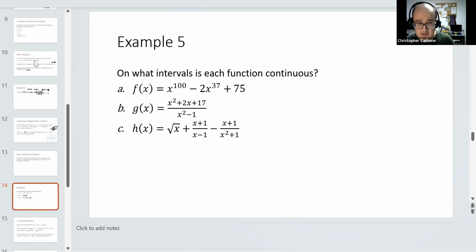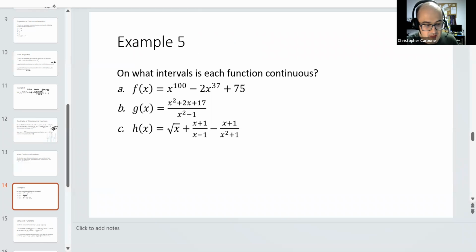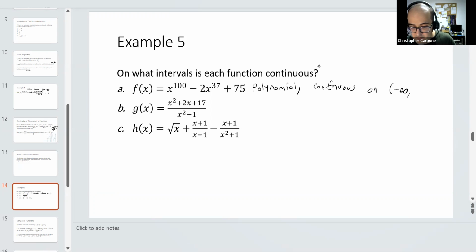So it is continuous on all real numbers, negative infinity to positive infinity.